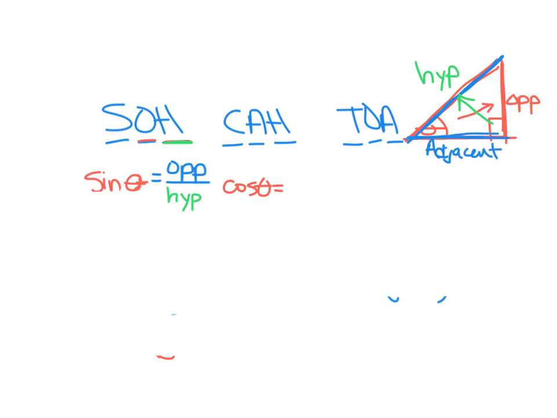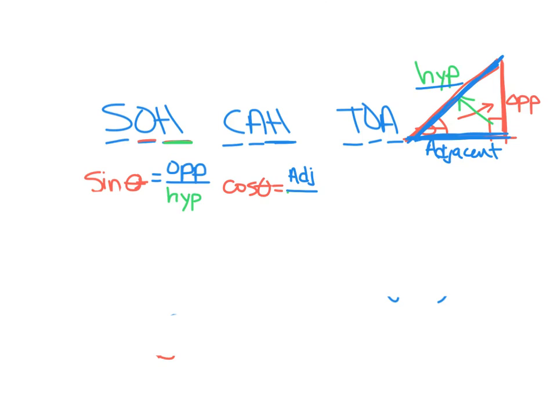Adjacent means it's touching our angle, but be careful, sometimes your hypotenuse is touching it also. That's why you got to be very clear on which one the hypotenuse is right from the get-go. And remember, all of these are going to be right triangles, so just go ahead and label that hypotenuse so you don't get confused. So that'll be adjacent ADJ over, and then you have this H again, which is still hypotenuse.